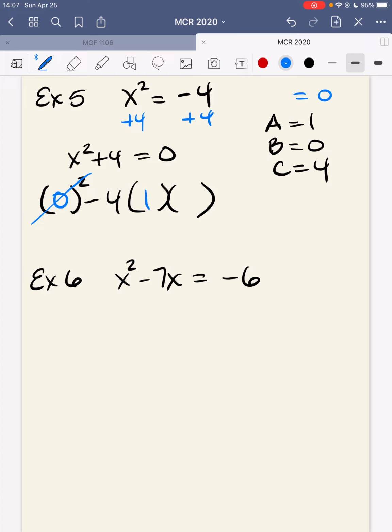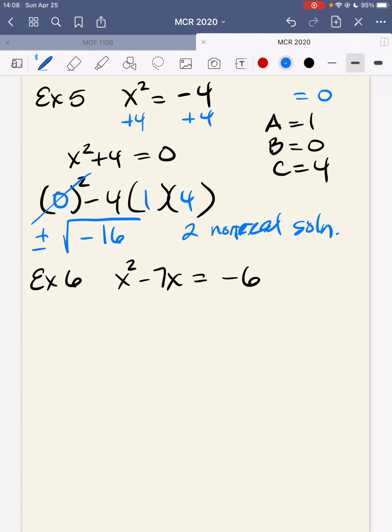All right, my a is 1, my c is 4, which leaves me under the radical negative 16. And because it's under a square root, this is going to give me 2 non-real solutions. And I can't do anything with that.